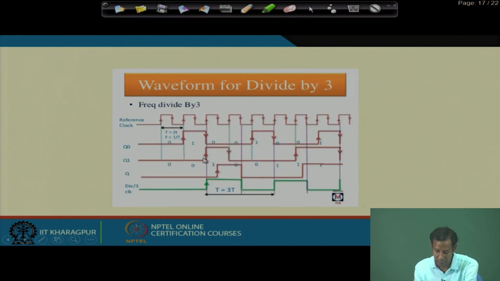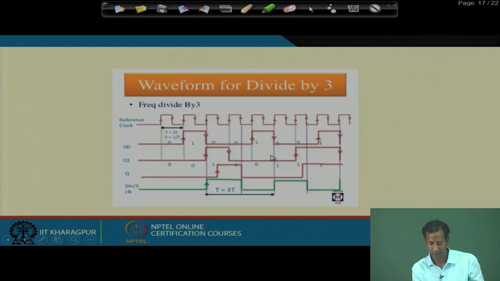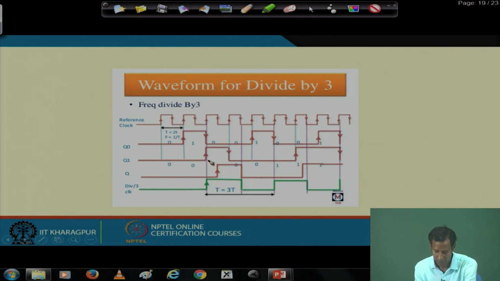So, whenever I need, at that time, as this is OR, for this particular one this will be 1, and in these two, Q1 and Q both of them are 0. So, the value will be 0 over here.